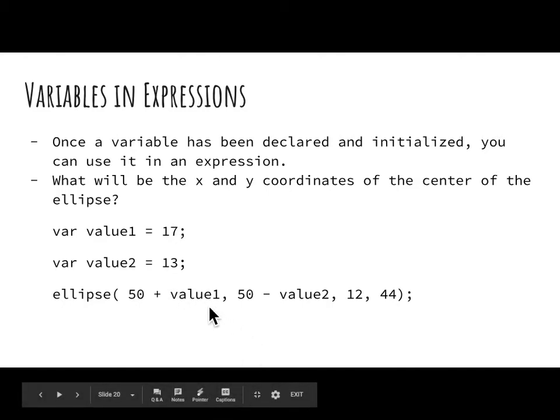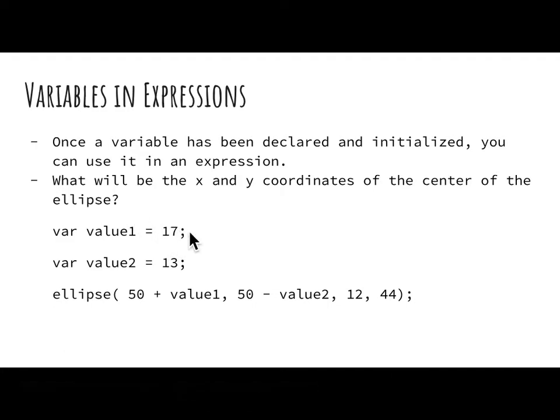We see value1. Where's value1? It's just substituting in for 17 right now. So its x-coordinate is 5 plus 17, which gives us 67. Your y-coordinate, we look for value2. 50 minus 13, 37. 67, 37, width of 12 pixels, as tall as 44.